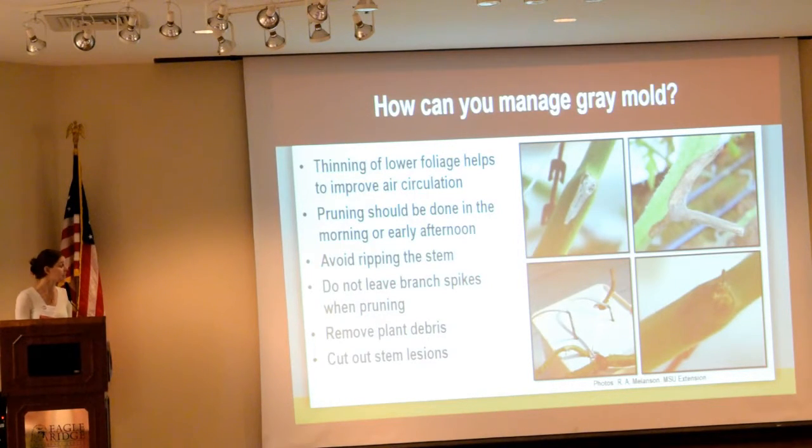I got a question on, if you do break your branch like that, is there anything you put on there to help it heal faster? Well, not heal, but to protect it from getting infection there. There are fungicides that you can use. Most fungicides are protectants, but I would make sure that you have a clean break whenever you do prune that.